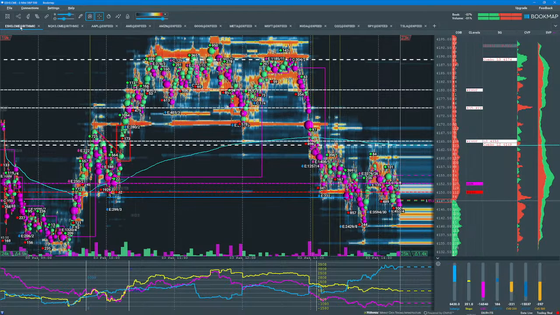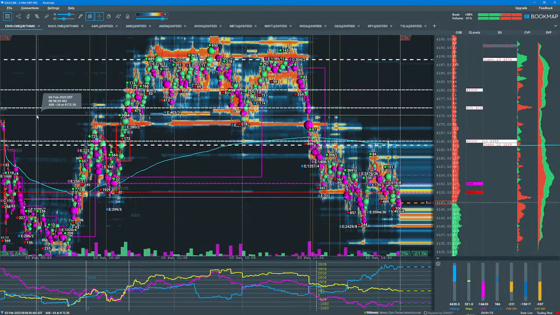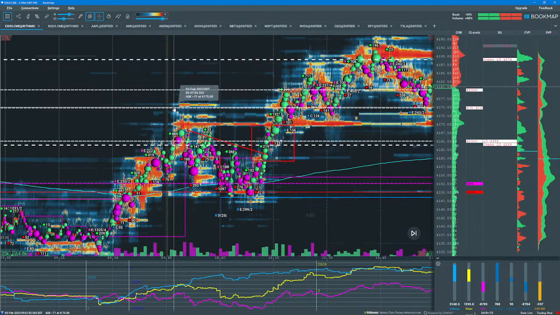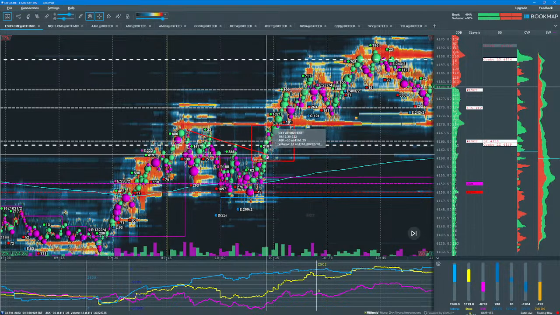For me, for example, I'm going to zoom in on ES. And I'm not the fastest trader in the world. There are others that are faster, that can trade the open. And for me, this was the first really good clean entry.